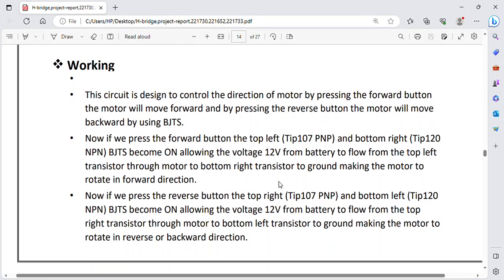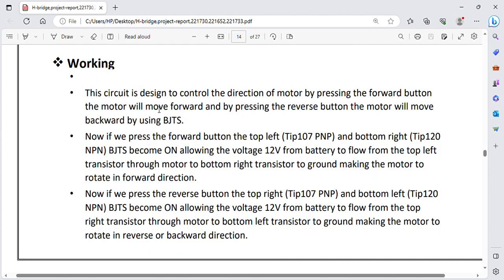Then moving next towards the working of our project. This circuit is designed to control the direction of the motor by pressing the forward button. If we press the forward button, the motor starts moving in forward direction, and if we press the reverse button, the motor starts moving in reverse direction.